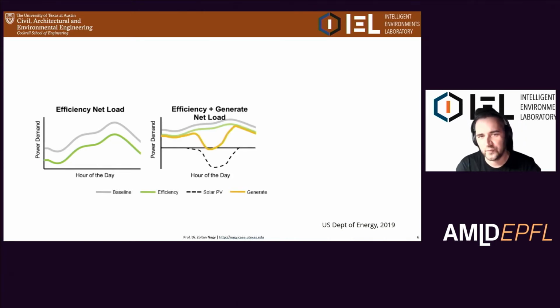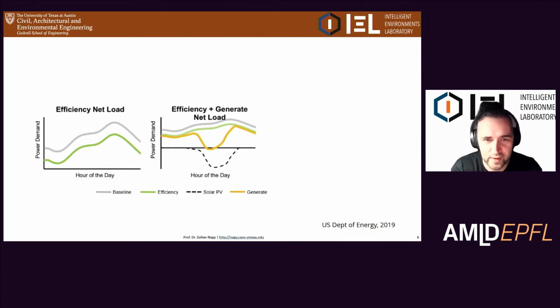Then over time, we started saying, well, wouldn't it be nice if we also start to generate our own electricity? So we start putting PV on our roofs, or basically everywhere. And we start getting this dip in the middle of the day, on sunny days, especially in places that have a lot of solar panels, places like California and Texas, slowly also starting, which we started to call the duck curve.